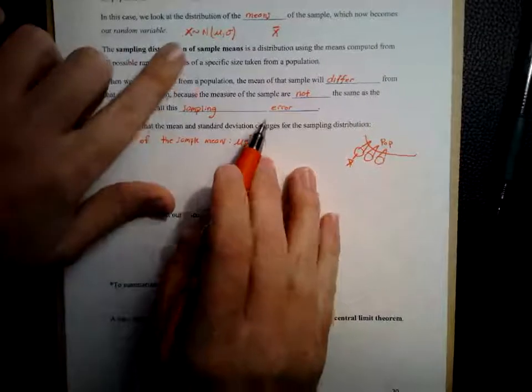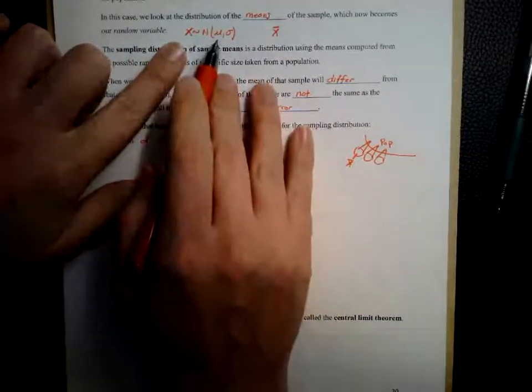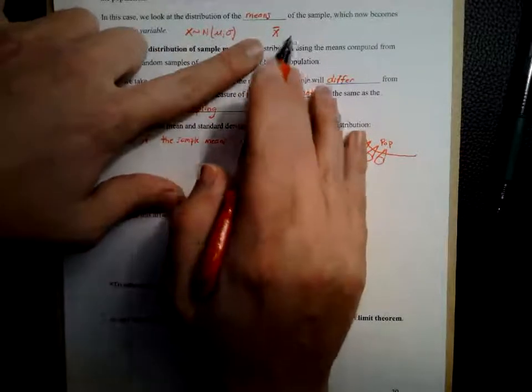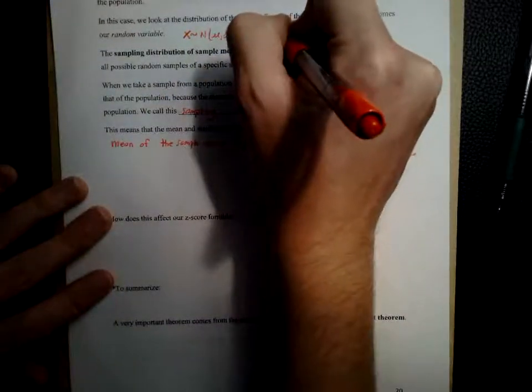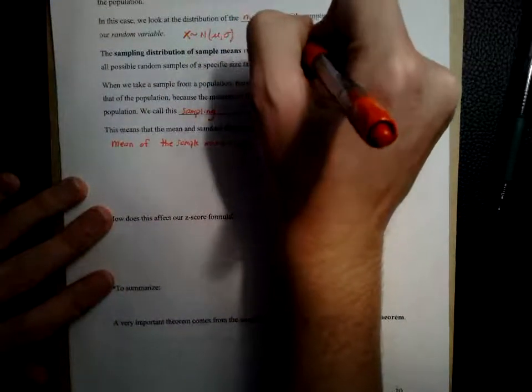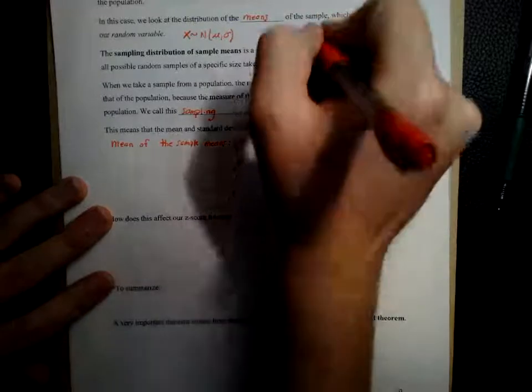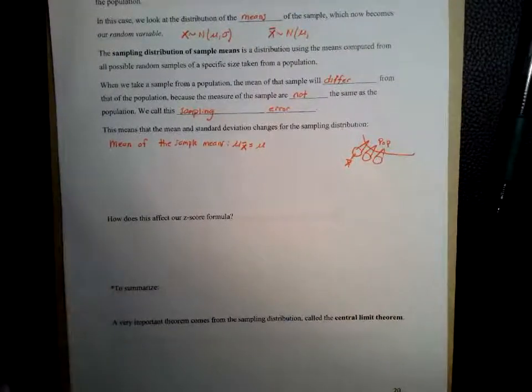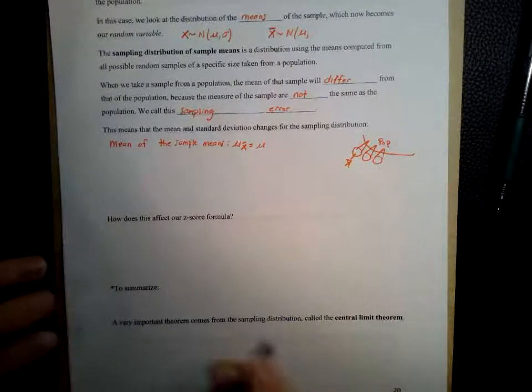So in our case, we had x distributed normal mu, sigma. And in this case, x bar is going to be distributed normal with mean mu, still the same mean, but we'll talk about the standard deviation here in a second.